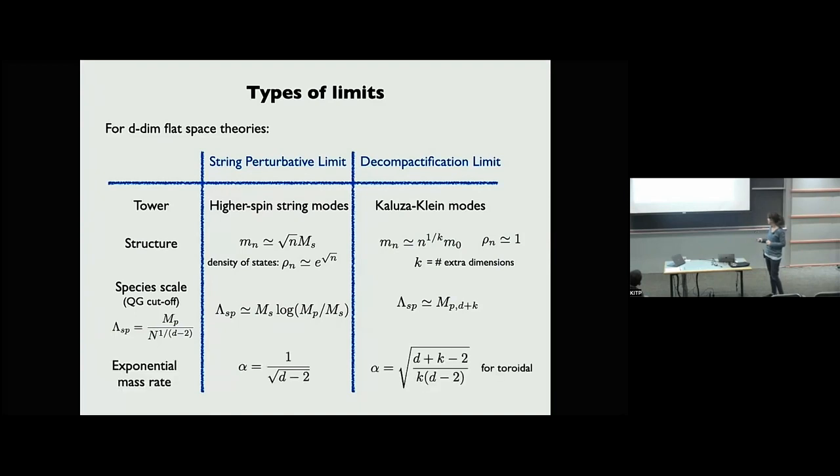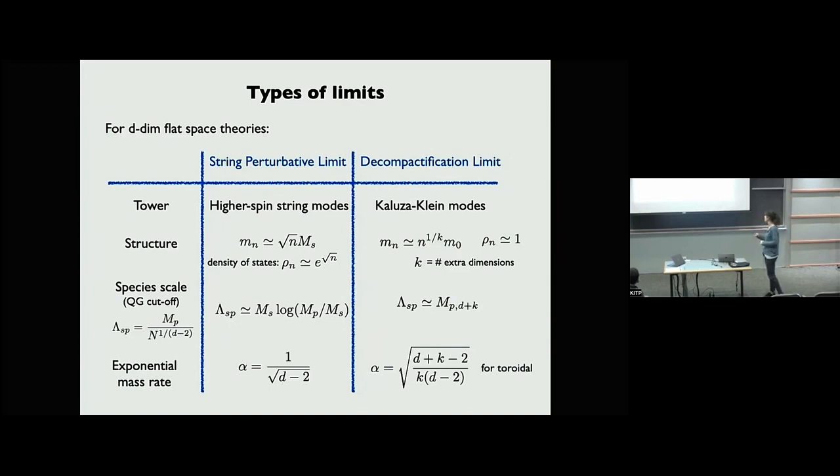Okay. And then the point is that if you just have these limits, also the exponential rate of the tower, which in principle is always said to be a free parameter in the distance conjecture, has some ambiguity, an order one factor, you don't know what's going on. It's also determined, in a sense. Depending on the nature of the tower, you will have a different rate at which the tower becomes light.